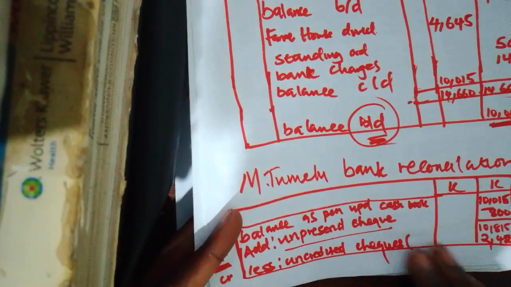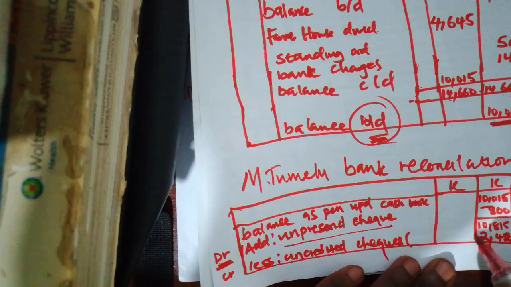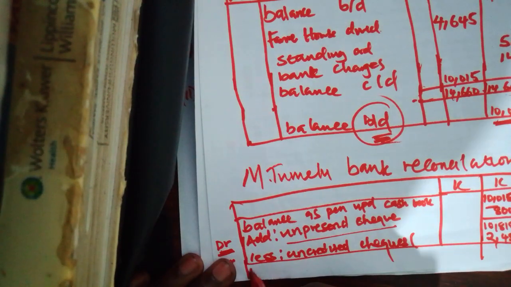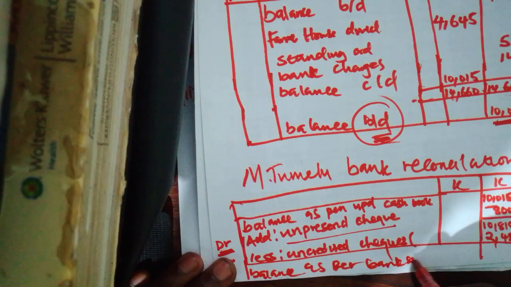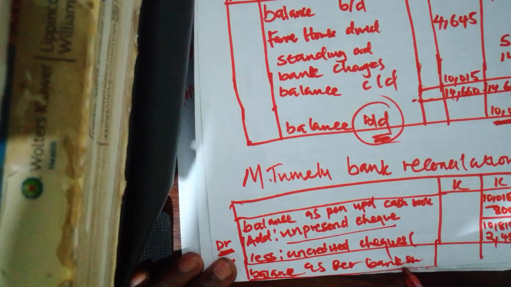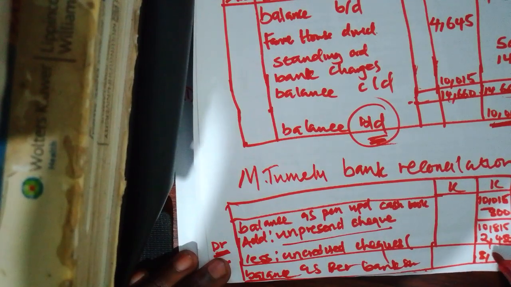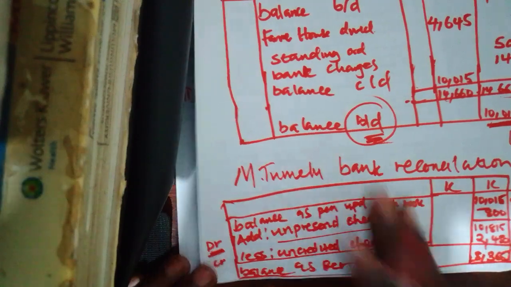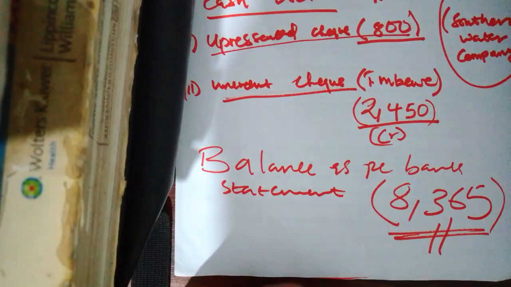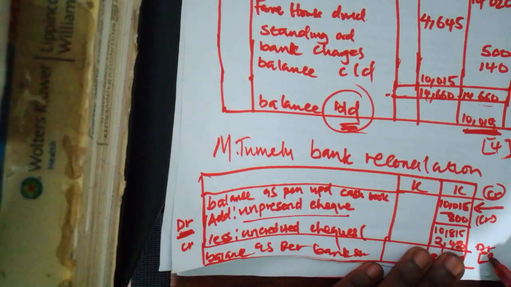Then after you subtract 10,000 minus 2,000, you get now the balance as per bank statement, which is 8,300 and 65, as I told you. So meaning you have balance. So meaning you have gotten here 3 marks.